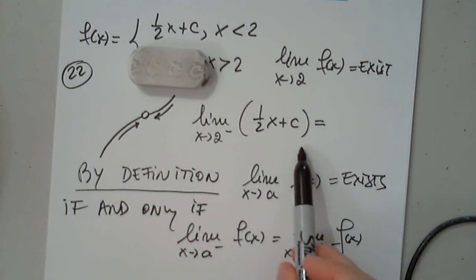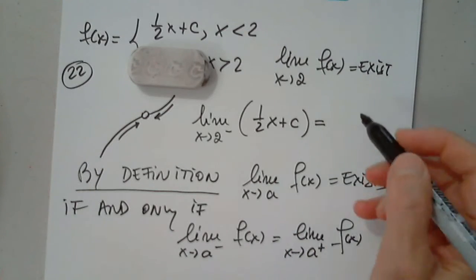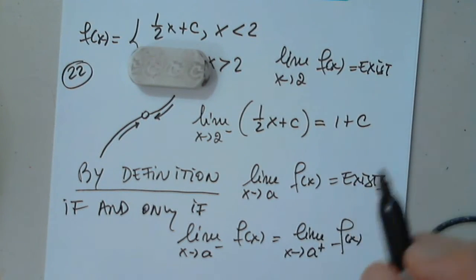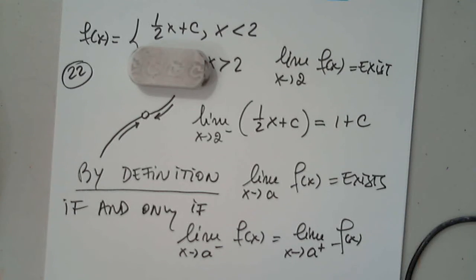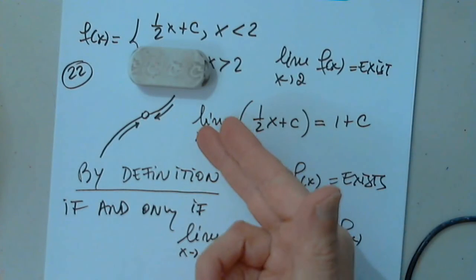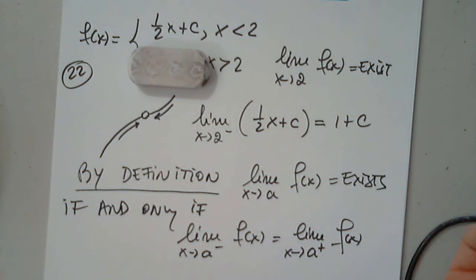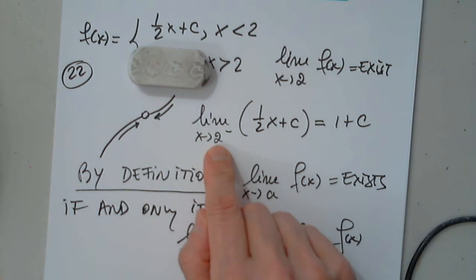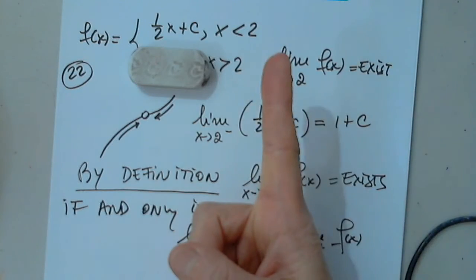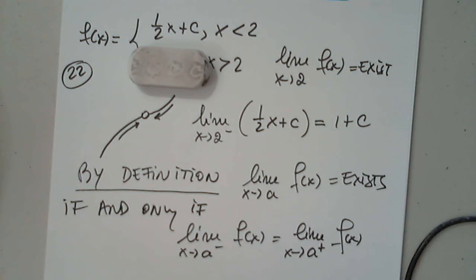We are working on this limit. 1 plus 1. 1 plus c, indeed. Great job. When I apply the limit operator to an expression, that's what I'm doing. When x approaches 2, 2 times 1/2 is 1. 1 plus c is 1 plus c. I apply the limit operator.